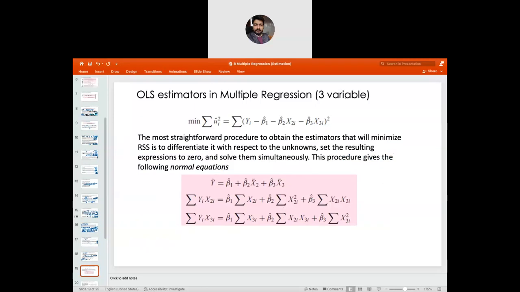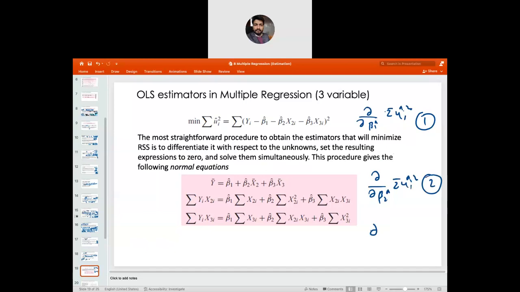Minimization means you have to differentiate it partially with respect to beta 1 hat. What you're differentiating is summation u_i hat squared. You will get equation 1. Differentiated with respect to beta 2 hat, the same thing, you will get equation 2, and then partially differentiate with respect to beta 3 hat, the same thing, the sum of squared residuals, you'll get equation 3, right?